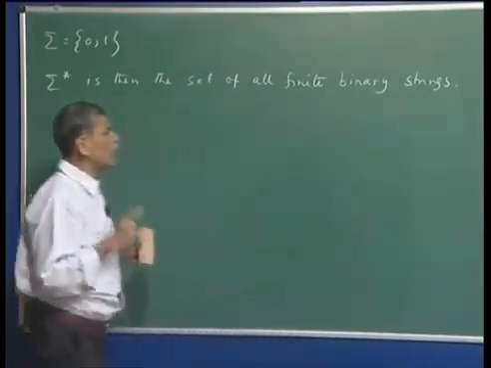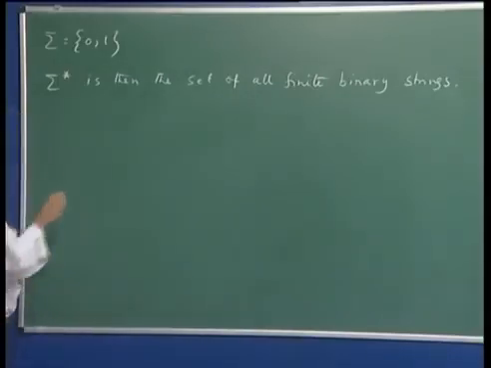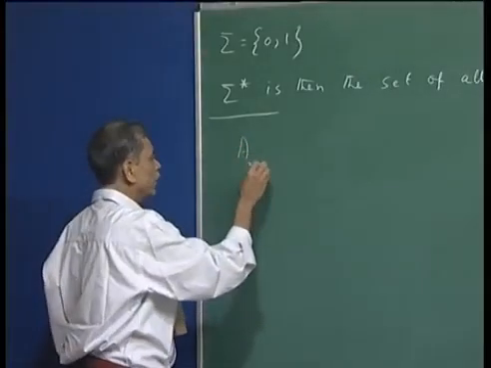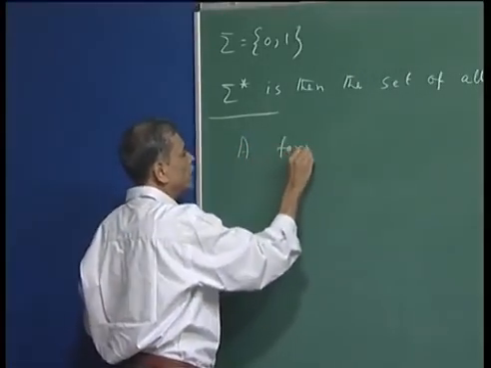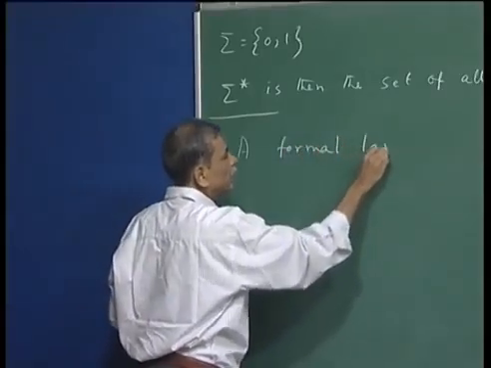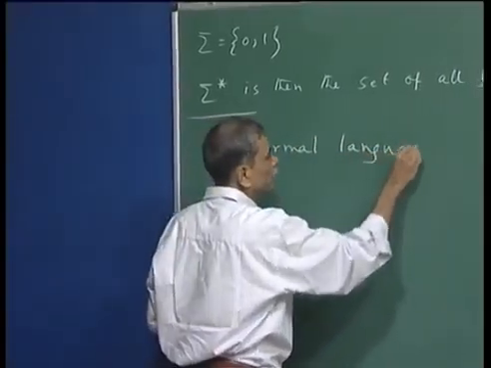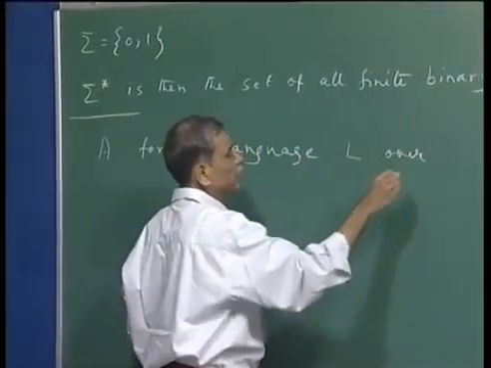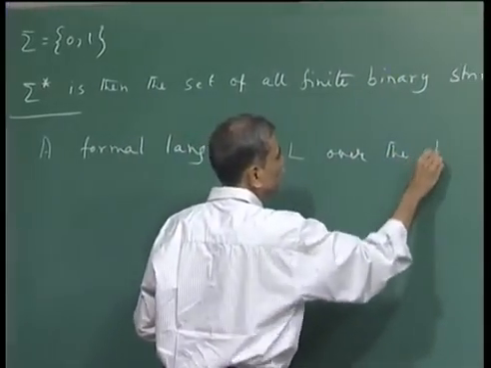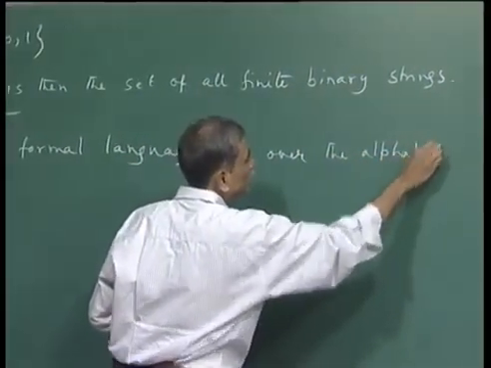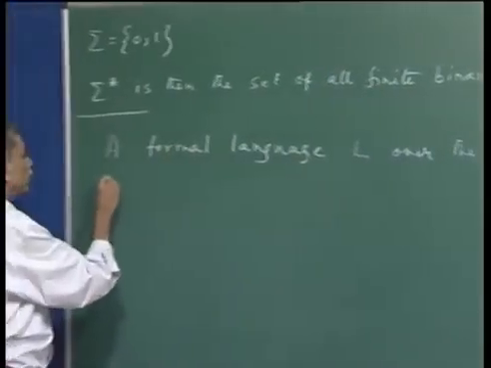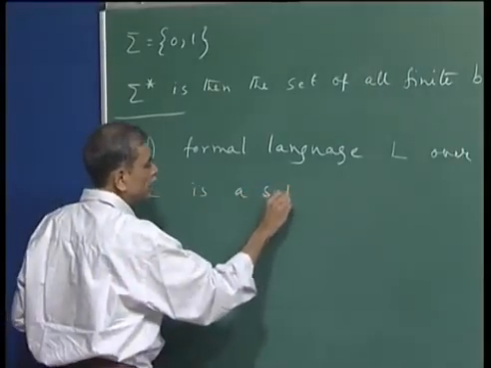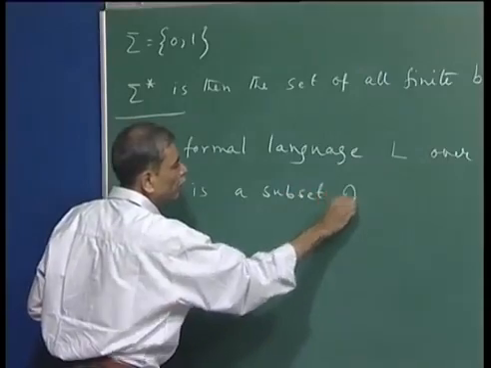Now, there is one very, very important notion that we are going to introduce, and that is the notion of a formal language. A formal language L over the alphabet sigma is a subset of sigma star.